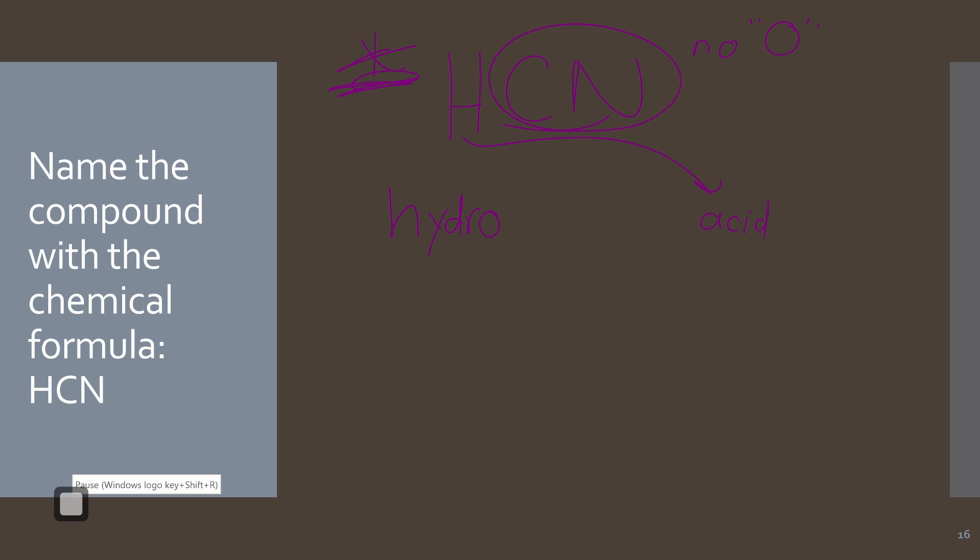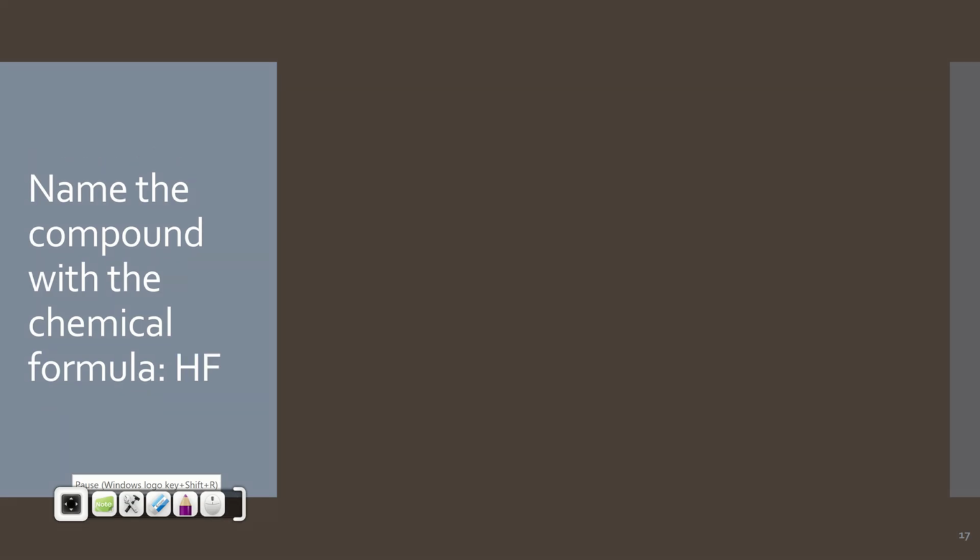I know it's frustrating, but it's the only one. CN minus is cyanide, so we change this to cyanic. So this is hydrocyanic acid. Star, star, star: this is the only polyatomic that has hydro at the beginning.